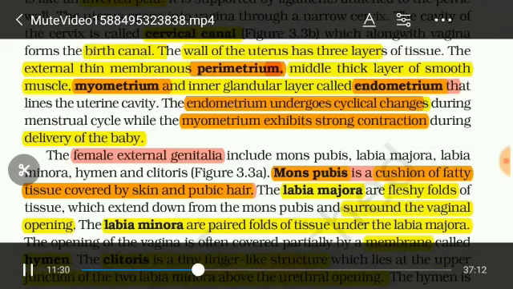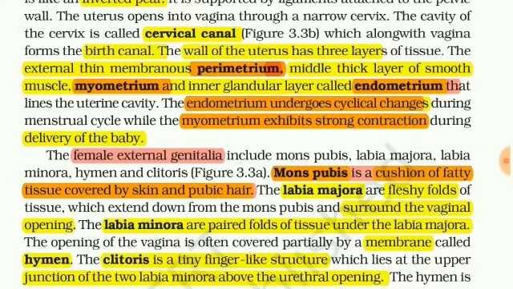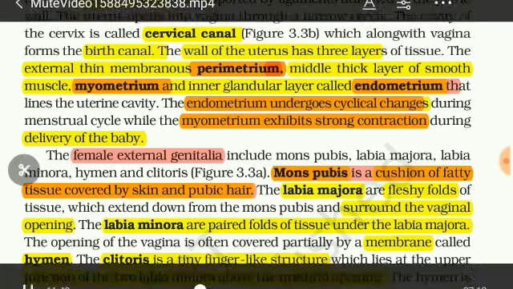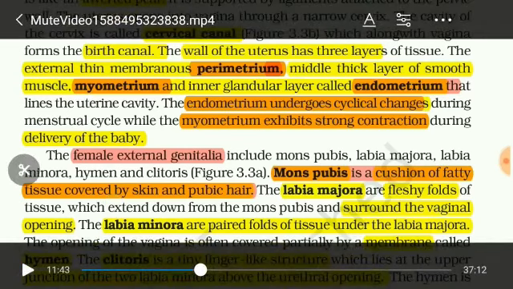It is useful for the entry of sperm into the female genital tract. Normally, the external genital organs are the mons pubis, labia majora, labia minora, hymen, and the clitoris.